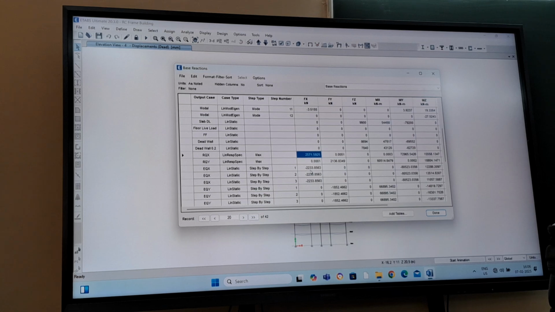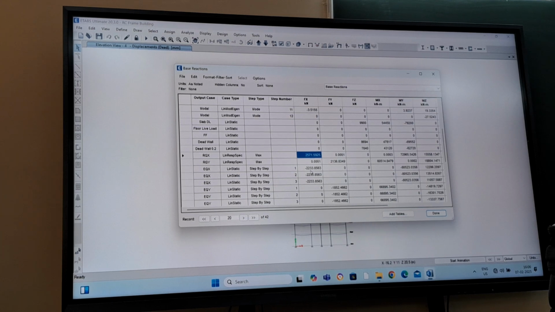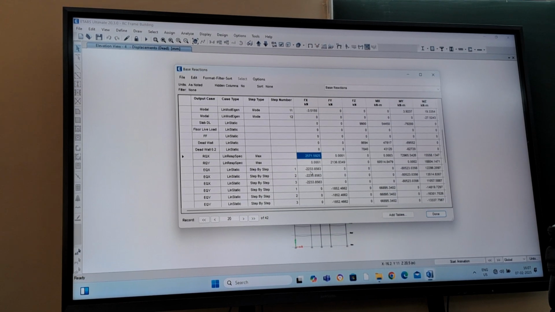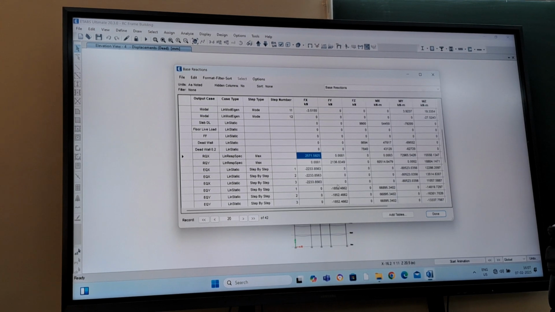So what do you do? Whether you are going to apply the ratio correction or not? No? Okay, you have to apply, because this is not the real case. This is because we have already applied the correction and made changes in our structure. So in this case you have to apply.